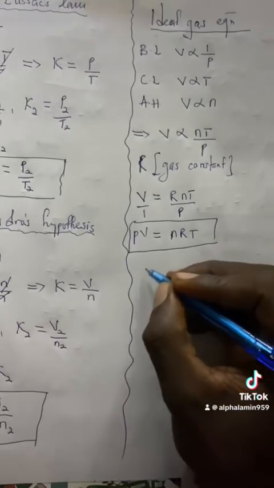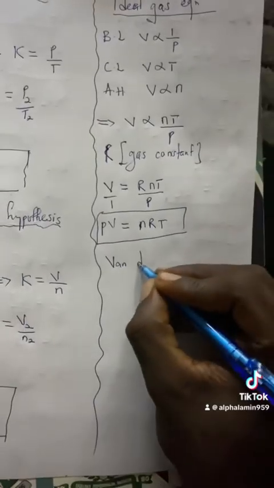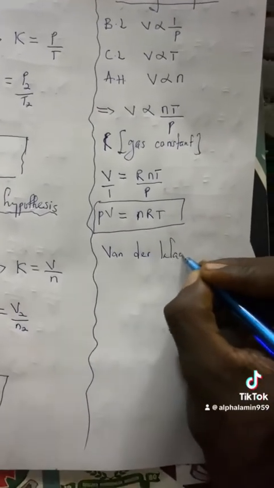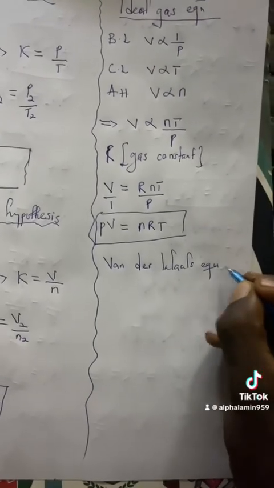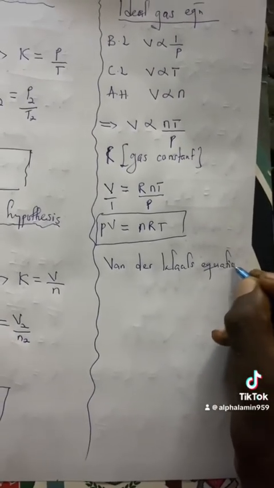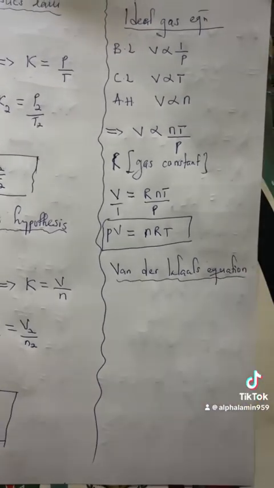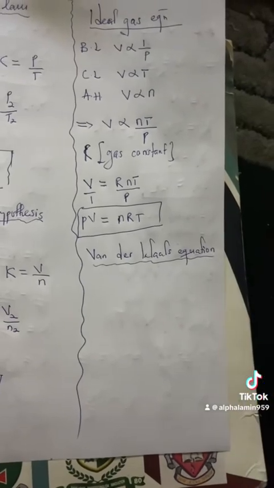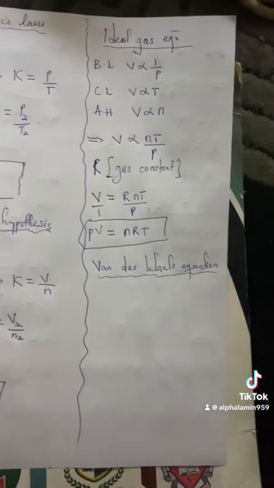So say Van der Waals equation. And for the Van der Waals equation, if you are given a question to solve under this aspect, they will always give you the constants for a, that is the intermolecular attraction, and they give you b, the extra volume that exists in a gas.